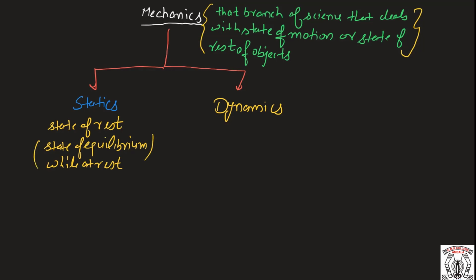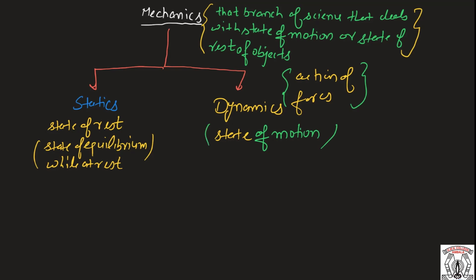And dynamics is that branch of science that deals with the action of the forces while the body is in motion, or it could be said the state of motion. So I will illustrate it with an example.